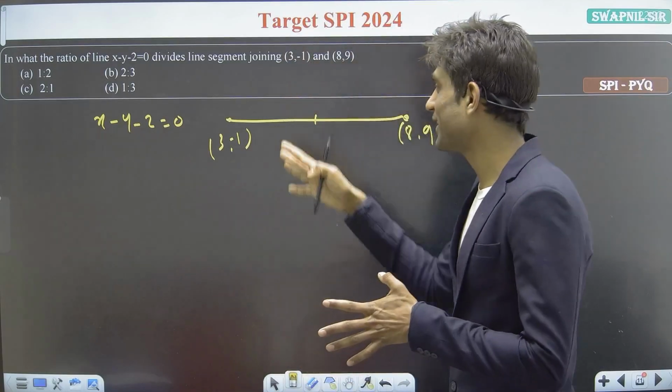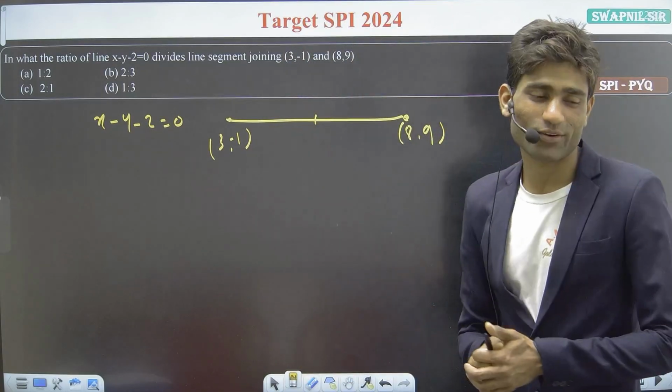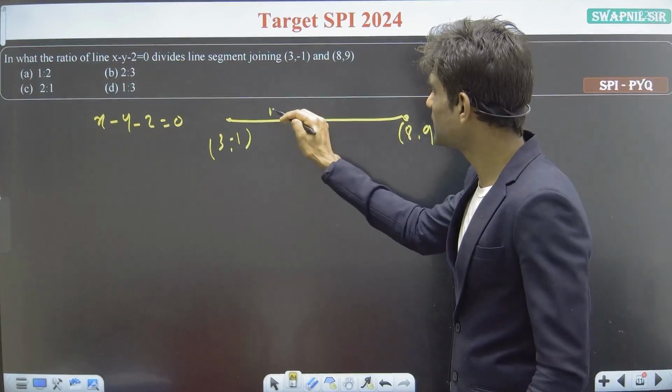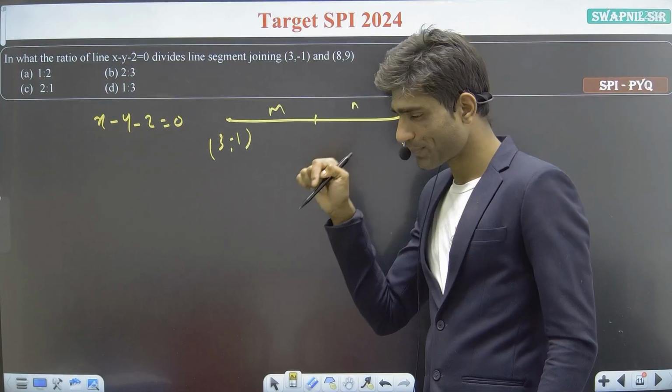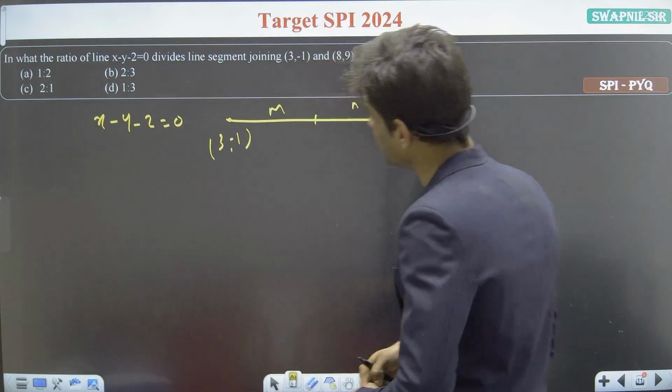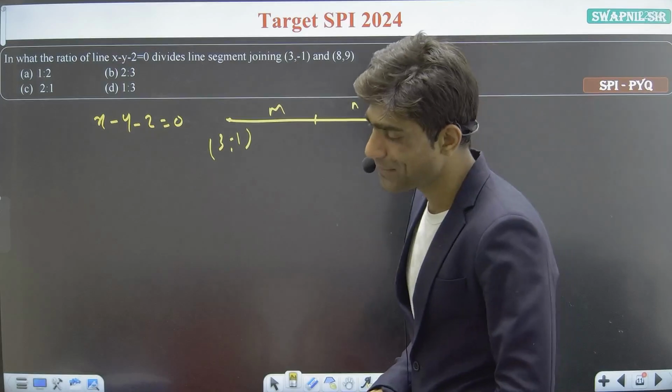So we have to find the values of m and n. Let's consider this as m and this as n, and then use the section formula.